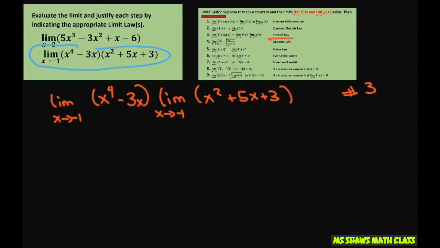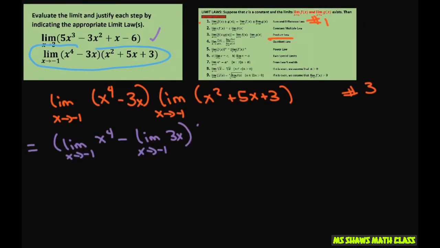Now we're going to use number 1. Let's break it out like we did with the first one. So this equals the limit as x approaches negative 1 of x to the 4th minus the limit as x approaches negative 1 of 3x.